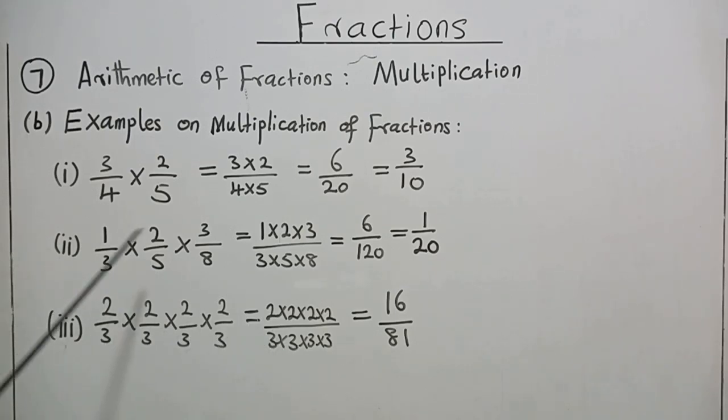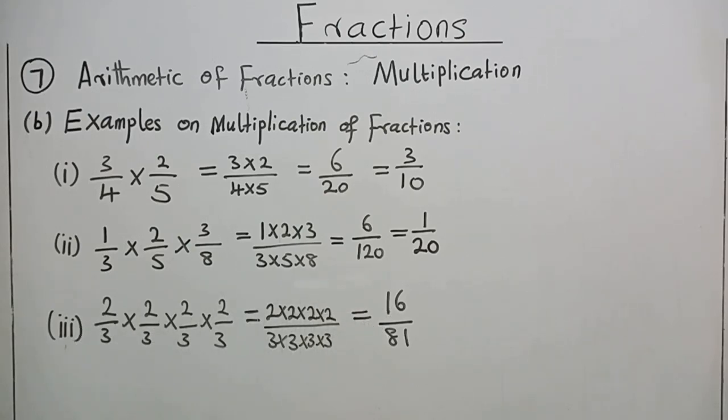The result, therefore, will be 16 over 81. Why? 2 times 2 is 4. 4 times 2 is 8. 8 times 2 is 16. Then next, 3 times 3 is 9. 9 times 3 is 27. 27 times 3 is 81. Therefore, the result of this number operation is this.